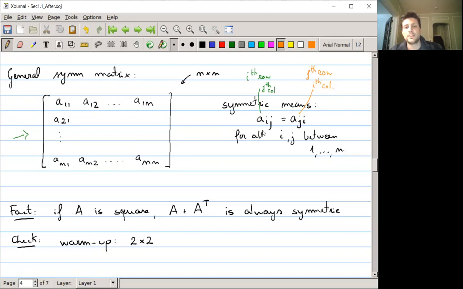Written shortly, it is just this condition down here: Aij must be equal to Aji for all indices i and j that range between 1 and n, in both ways.